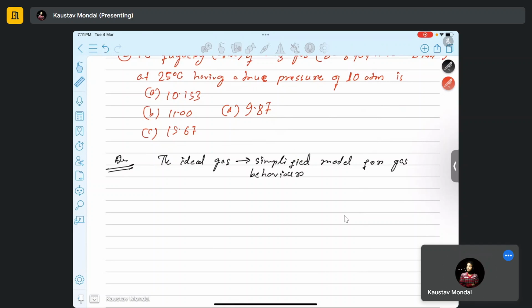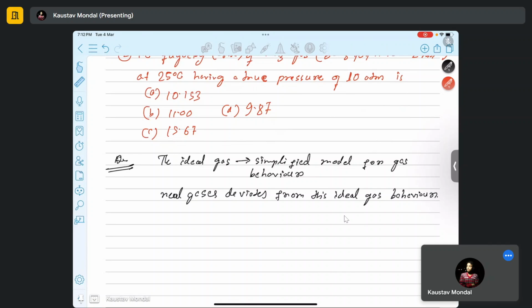But real gases deviate from this ideal gas behavior.